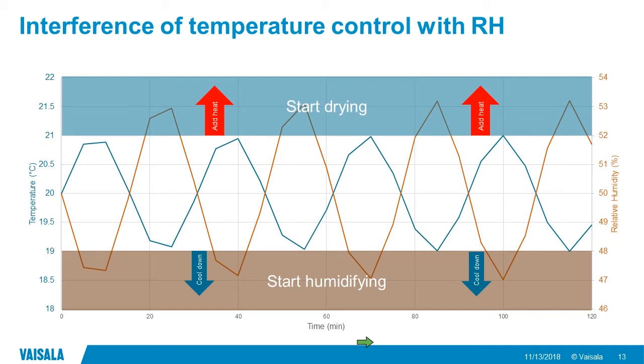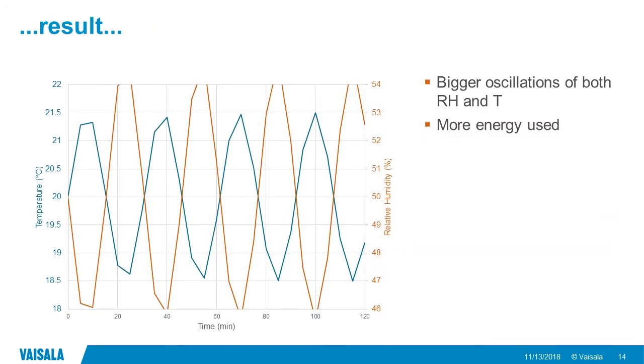But probably you will increase temperature when you're trying to add humidity, or decrease temperature when you're starting to dry. So what you're actually doing with your humidity control, you're making the temperature oscillations actually even larger. And here's an idea of what the actual result might look like.